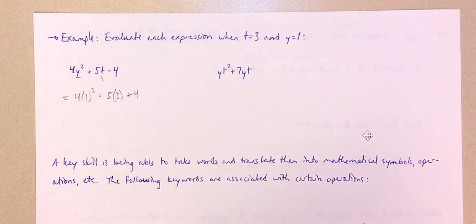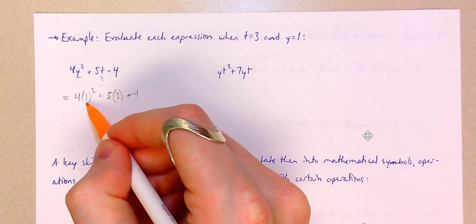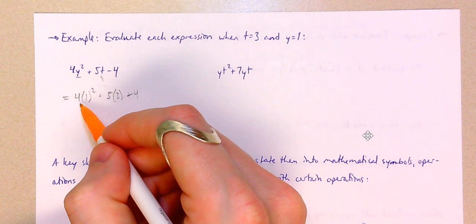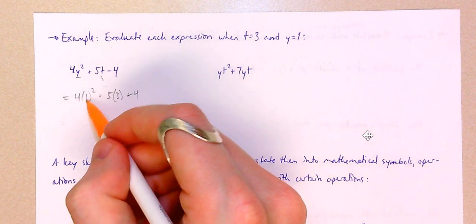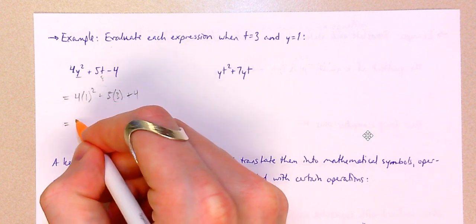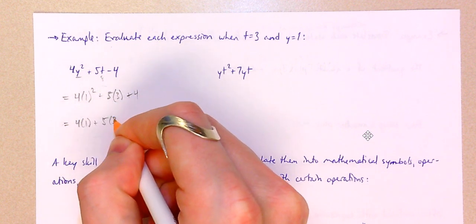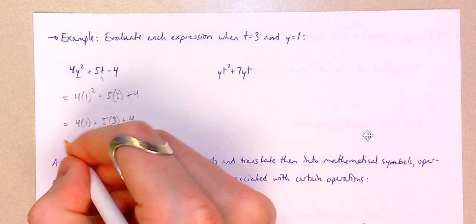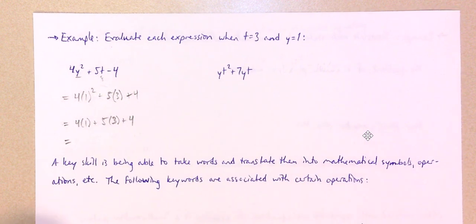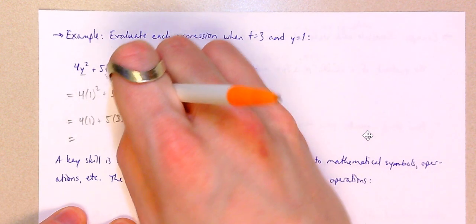Again, order of operations now. And once again, this exponent of 2 only goes to the 1. It doesn't go to the 1 and the 4. So 1 squared, or 1 times 1 is 1. So I have 4 times 1 plus 5 times 3. My apologies, this is a minus.